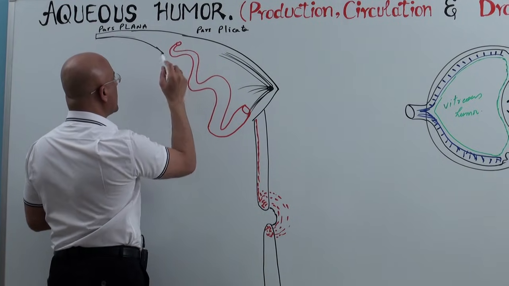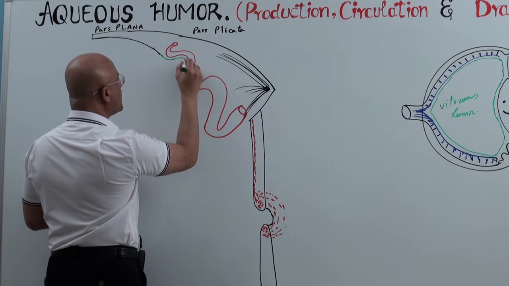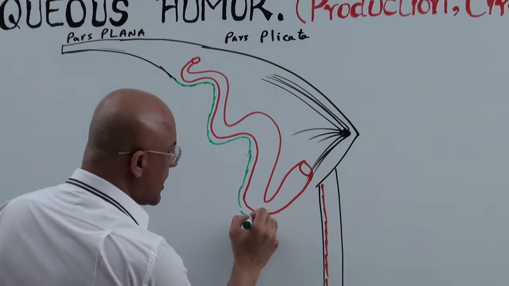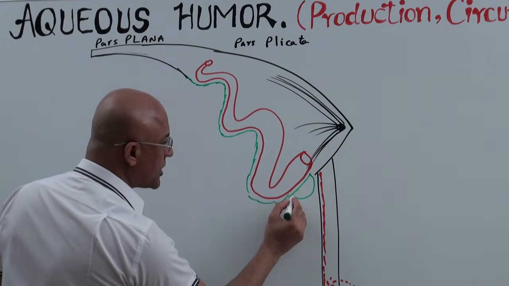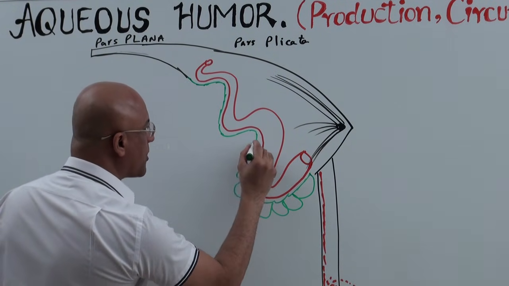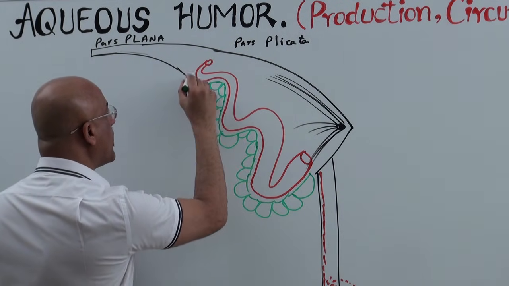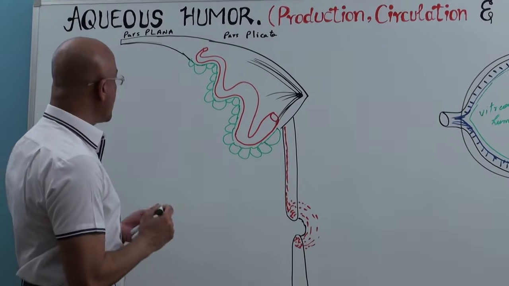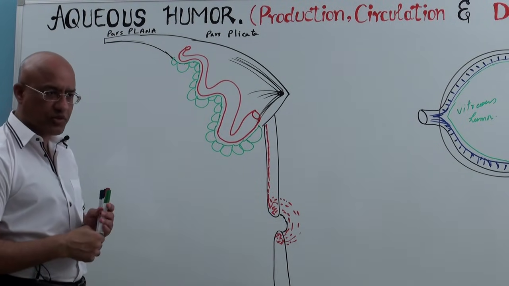Over this vascular structure, there is the ciliary epithelium. And this ciliary epithelium, especially that epithelium which is non-pigmented, very good, right? That plays a major role in formation of aqueous humor, right? Now what are the steps in formation of aqueous humor?